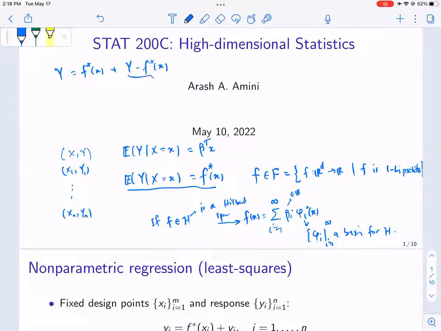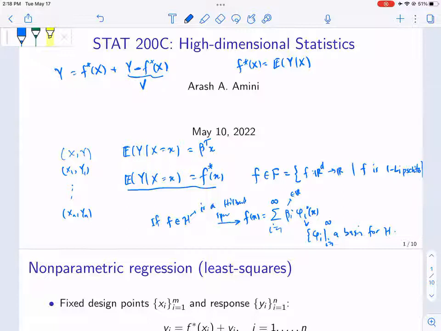The issue is that x is random, so I condition on x. f star of x is basically the expectation of y given x. It's a deterministic function, but evaluated at a random x. Then y minus f star of x is a new random variable, which I'm going to call noise, v.